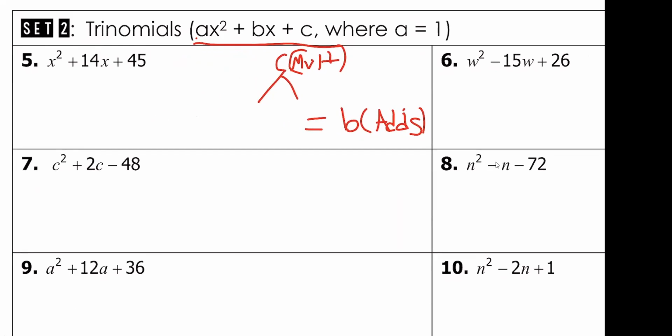So in this problem, our C is 45 and our B is 15. So try and think of 2 numbers that would multiply to 45 and add up to 15. Some people just like to list them out. For example, what multiplies to 45? 5 and 9, right?